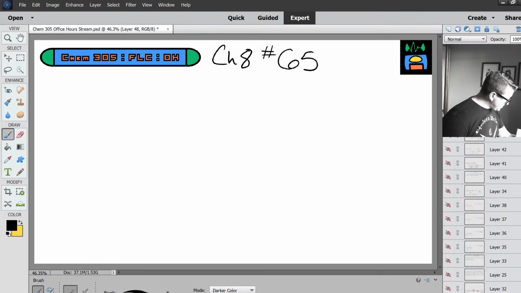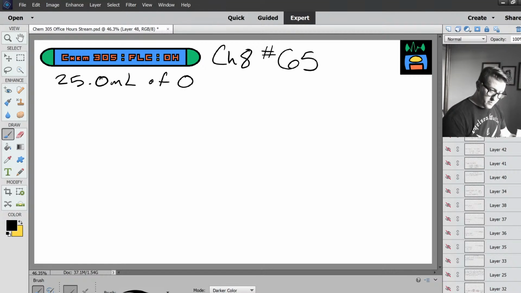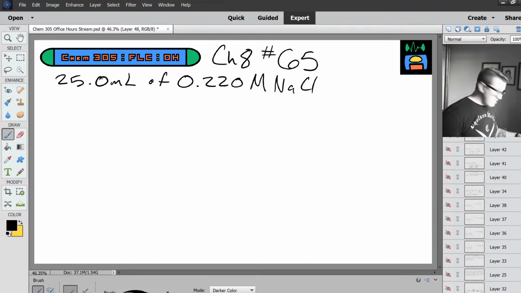What is the molarity of a solution prepared by diluting 25.0 mL of 0.220 molar sodium chloride and then diluted to each of the final volumes.